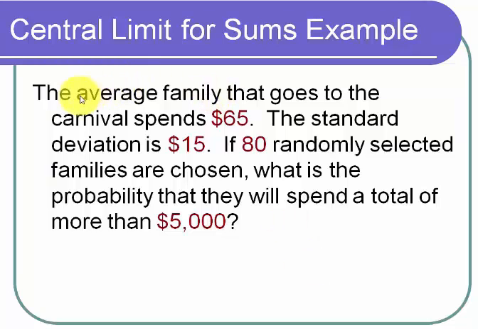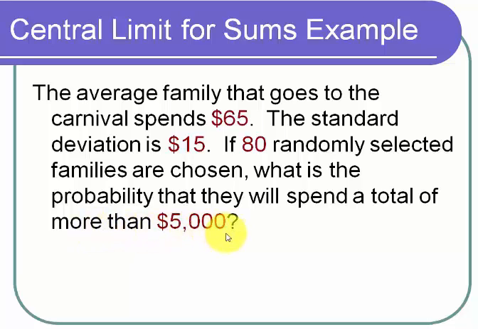Okay, let's suppose we have a carnival at which the average family spends $65, and the standard deviation is $15. If 80 randomly selected families are chosen, what is the probability that they will spend a total of more than $5,000?